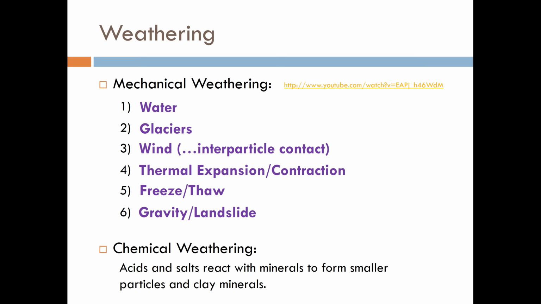Another process of weathering is called chemical weathering. Chemical weathering is where we start to develop some really, really small particles. This is when we get acids and salts that react with the minerals and break them down to form smaller and smaller minerals like clays and silts. So in general, we say that mechanical weathering is what forms sands and gravels.